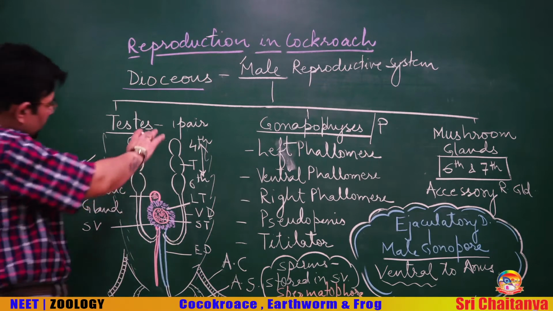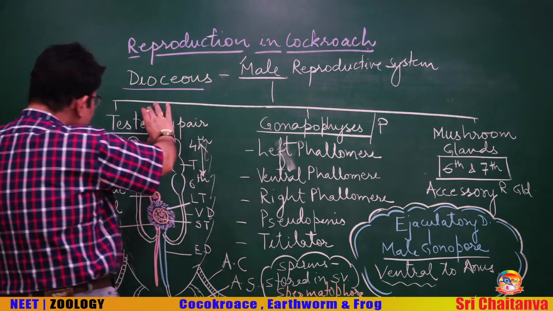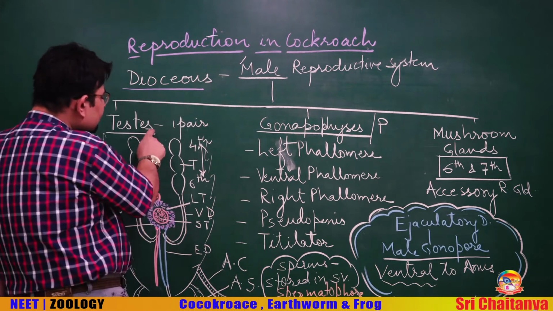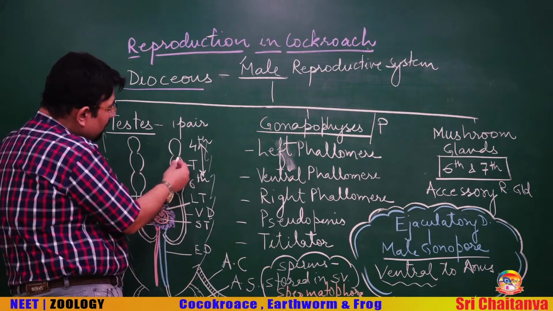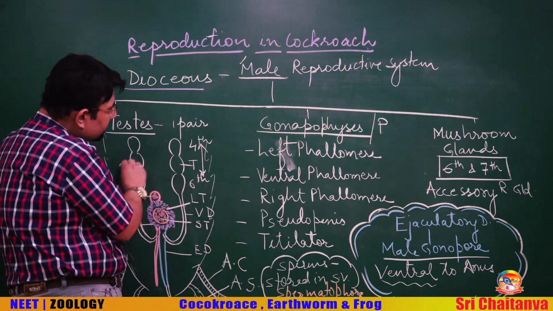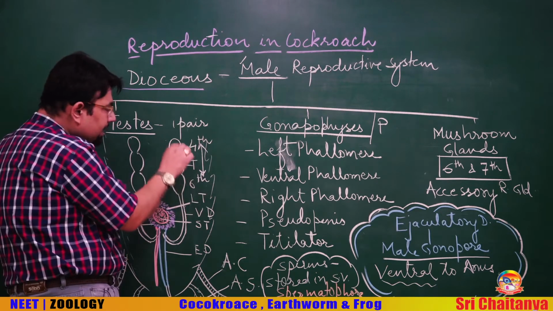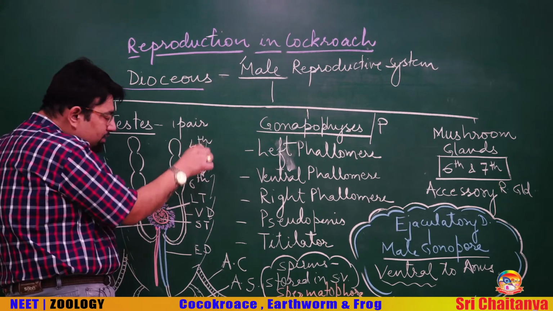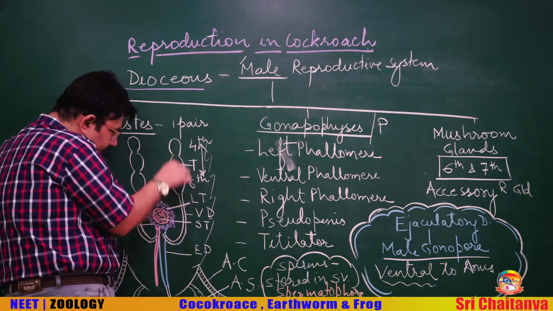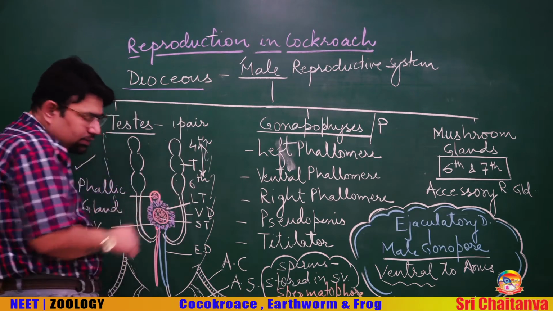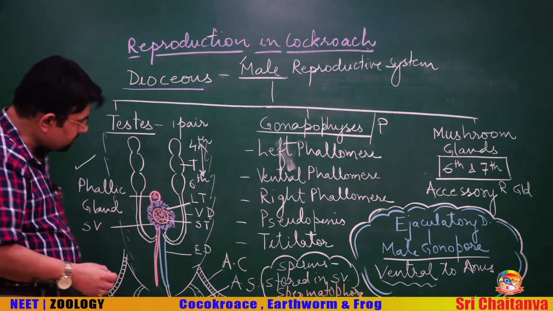Now these are the parts to ponder upon. Testes, very important. This is actually the gonad. One pair of testes lying in the abdomen on both sides laterally, and they extend from the 4th to the 6th abdominal segment. So these longitudinal or filamentous structures that you see are the testes.